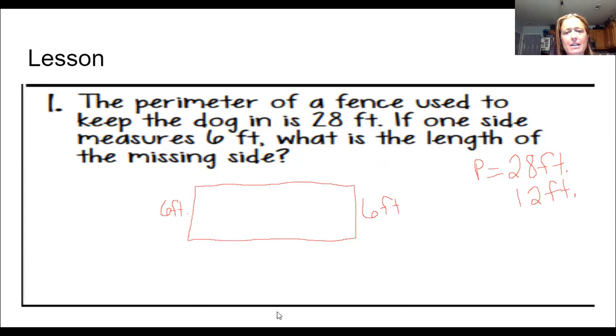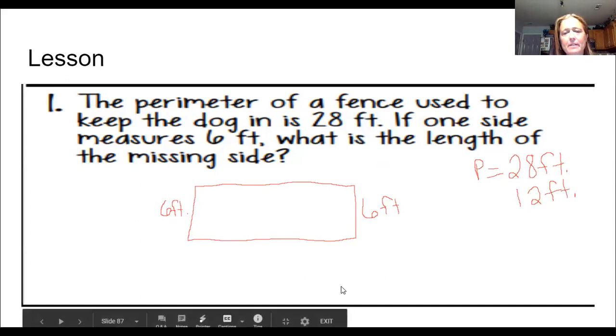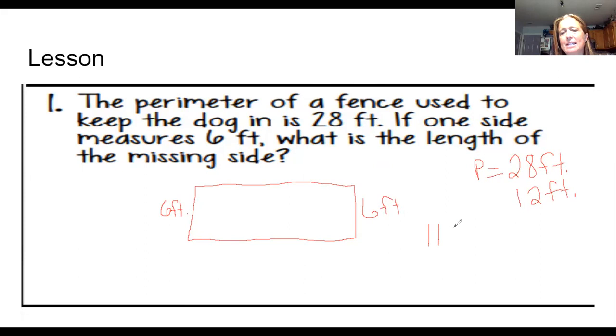Okay. All right, so 28, that's 2 tens, 8 ones, okay? If I take away 2 of the ones, right? Because we have 2 here, because we have to subtract this, because we already know what these two sides are.